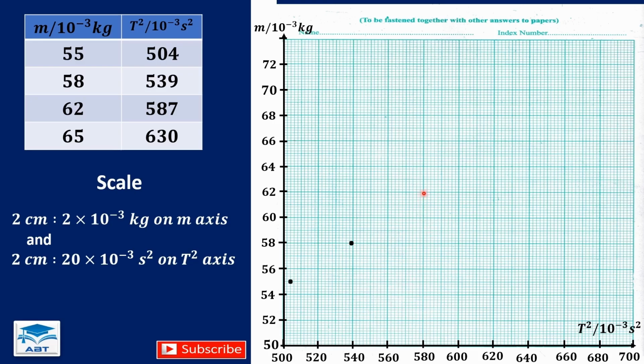So 582, 4, 6, and then 7 will be in the next box. The next one, we have 65. This is 64, this is 66, so the middle will be 65. And we have 630. This is 620, and this is 640, so the middle will be 630, and they are meeting here. And we draw the line of best fit.